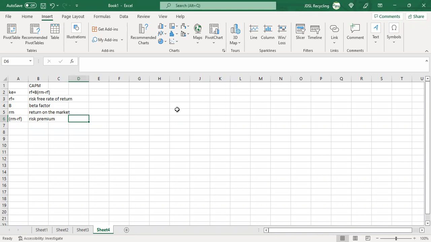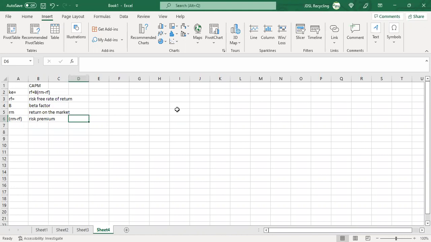We have the B, which represents the beta factor, and the RM, which represents the return on the market. And lastly, we have the risk premium. I stated earlier that the risk premium can replace your RM minus RF. Most times, the examiner gives us the risk premium and ignores the return on the market.